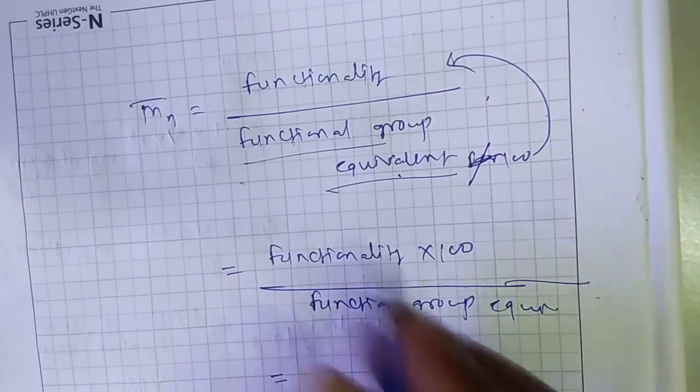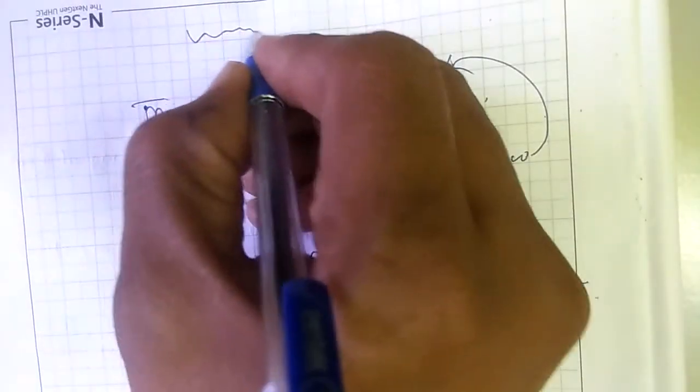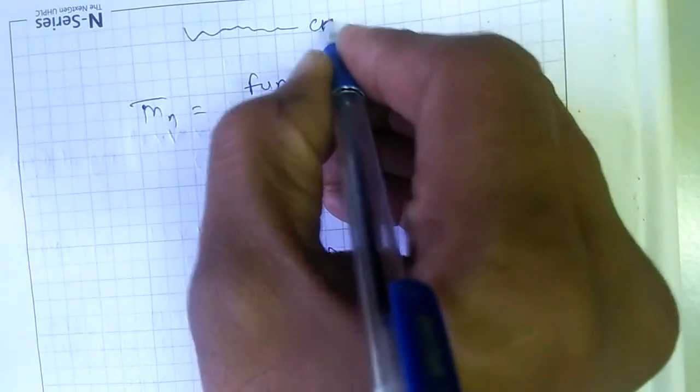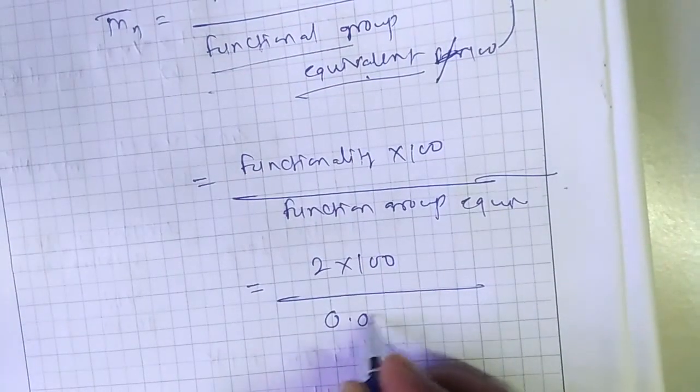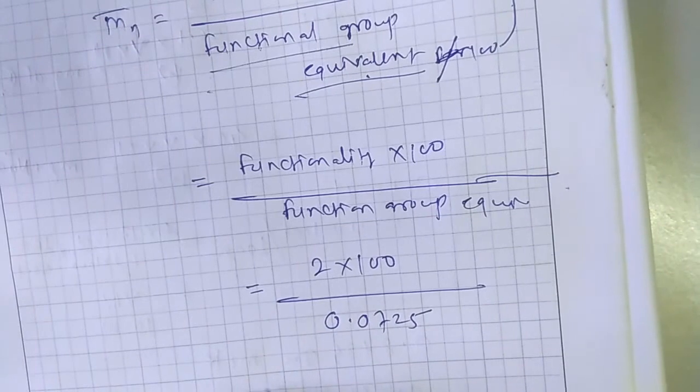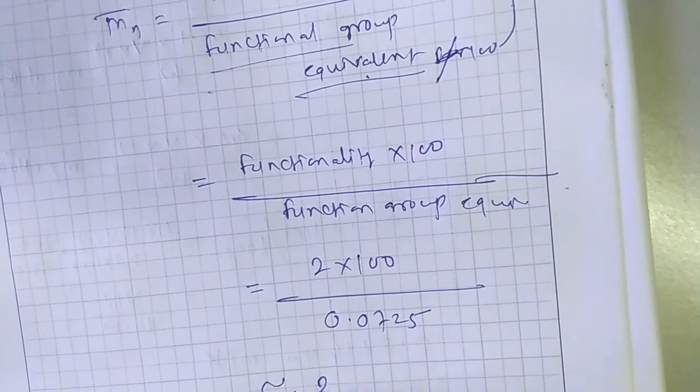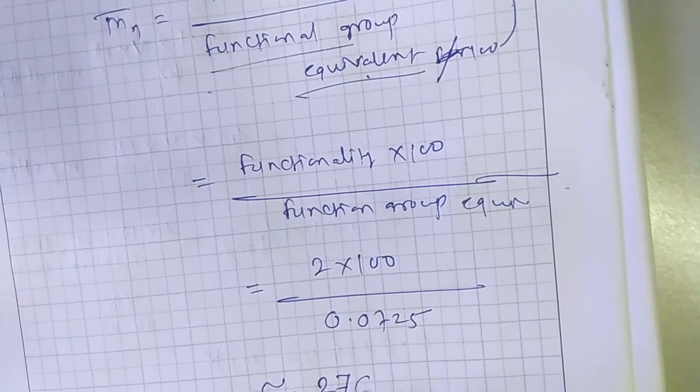Therefore, our polymer has the functionality of COOH. It has a functionality of 2, so 2 into 100 divided by 0.0725, and the molecular weight is around 2760.